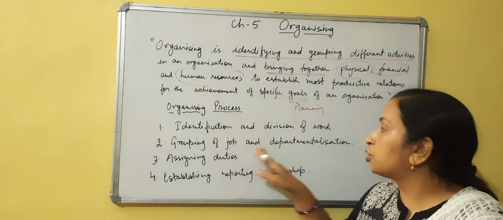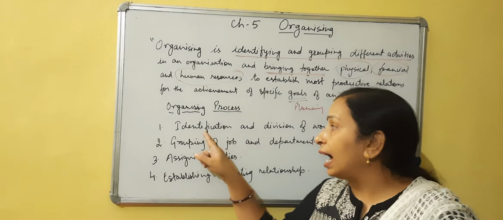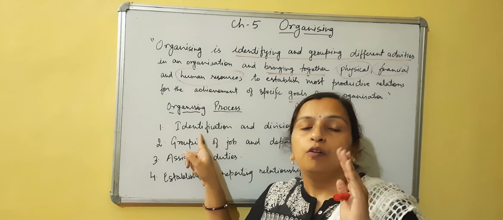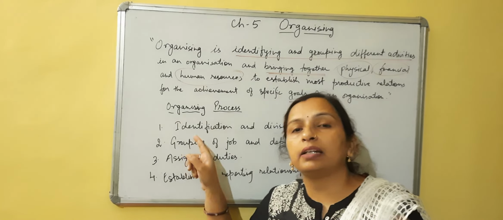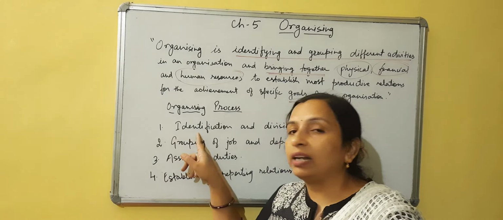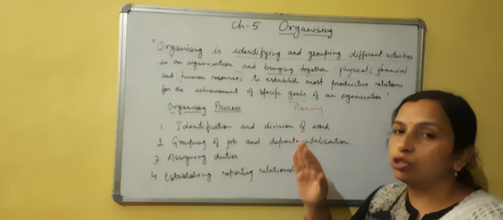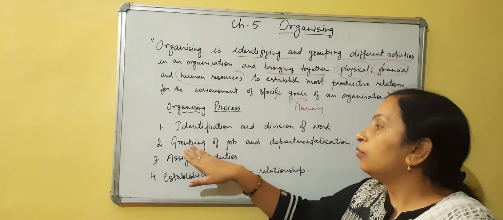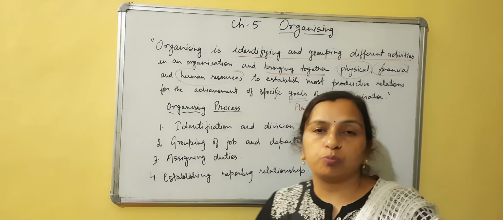Second is grouping of jobs and departmentalization. Means what? You have identified what activities are to be done for conducting a function for Teachers' Day, then you have divided those activities into small jobs, and then you have to group those jobs, meaning separate departments are to be created.